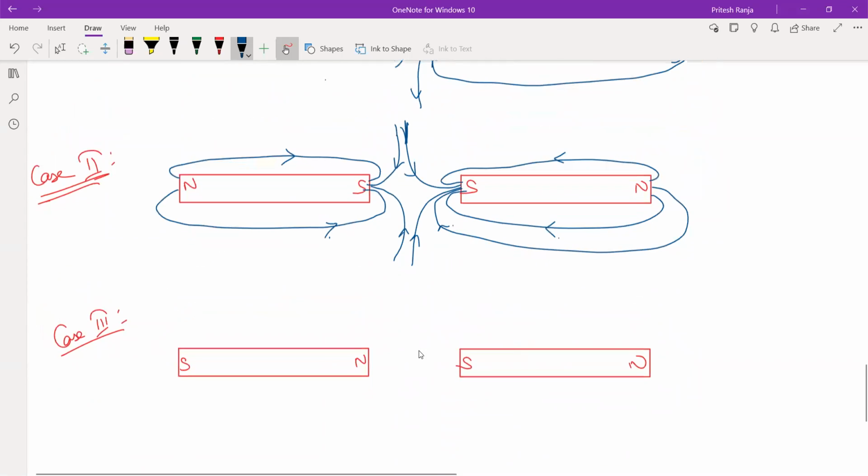Case 3, here you can see the magnetic field line coming out from the north will go into the south. This is much nearer. So some magnetic field lines will go there, but there are some magnetic field lines which will go to the other south poles.